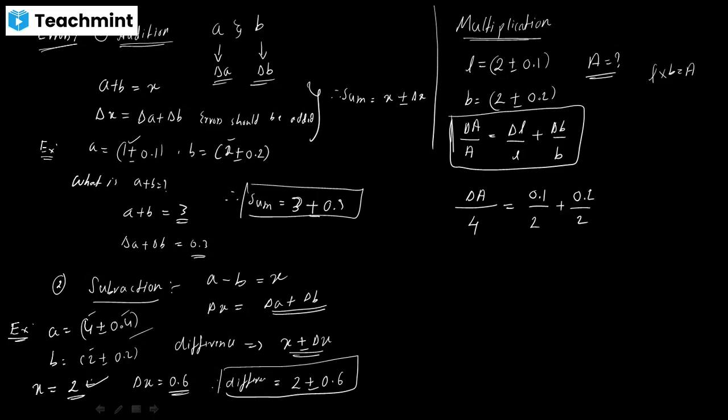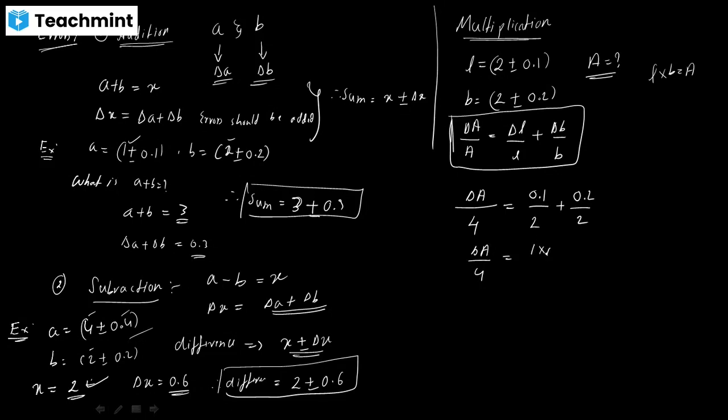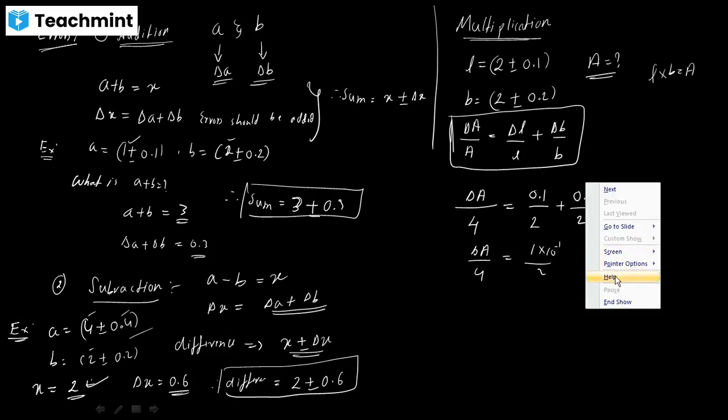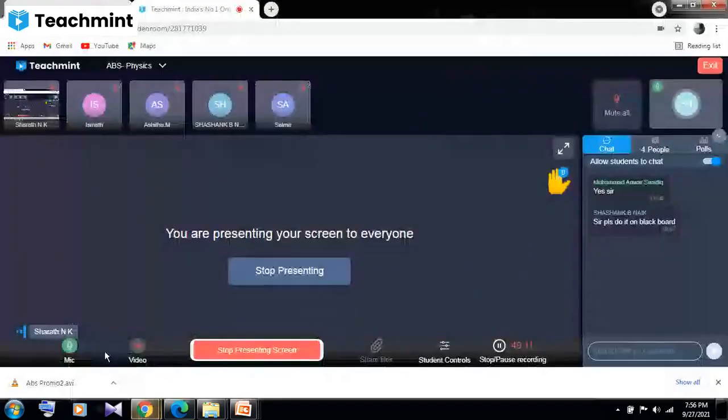Yes, sir. So when decimal places come, calculation is difficult, but you follow this. Delta A by 4 is equal to 1, and write 0.1 as 1 into 10 power minus 1, like this you can write. One second, students, give me a minute. I'm coming now.